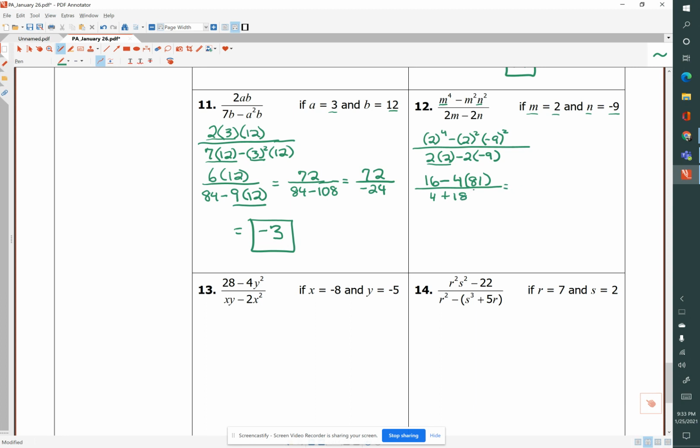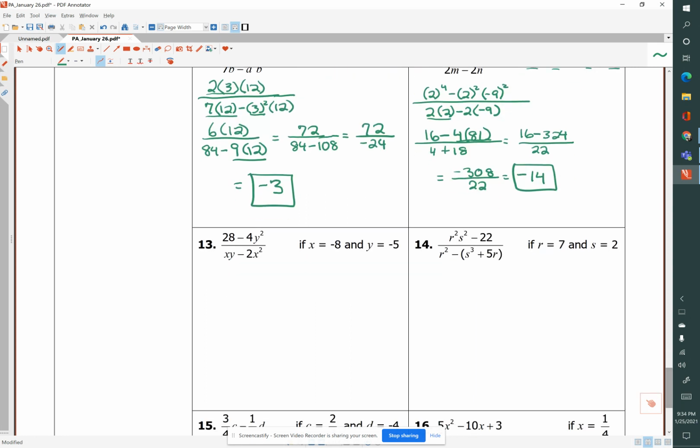So in the numerator, we'll continue with the 4 times 81. So 16 minus 4 times 81, which is 324. And 4 plus 18 is 22. And 16 minus 324 is -308. And that's divided by 22. If you divide 308 by 22, you'll get 14. And if you divide a negative by a positive, you'll have a negative. So the answer is -14.